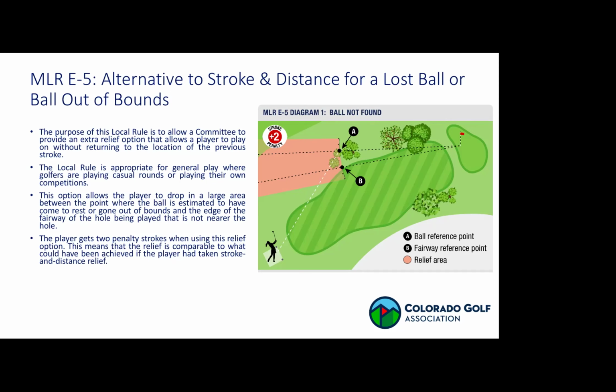And like I said, this relief comes with 2 penalty strokes. So you're going to be playing in a very similar place to the hole, where it's basically skipping the step of going back and hitting another shot. It's allowing you to take relief up there and saving you that stroke and distance by just skipping straight to the 2 penalty strokes.